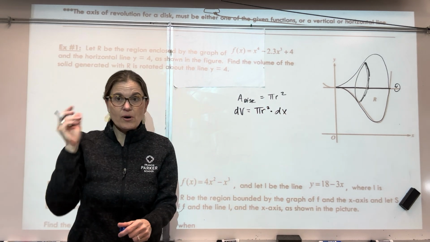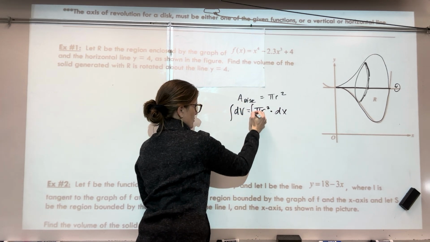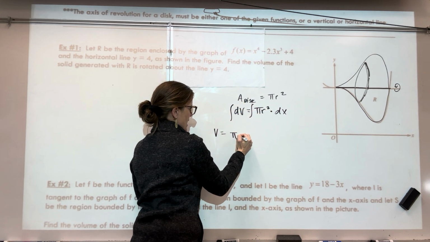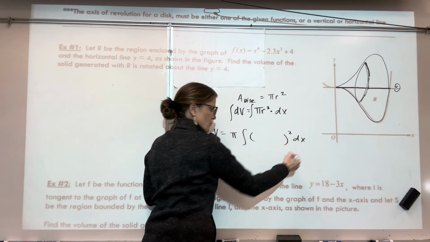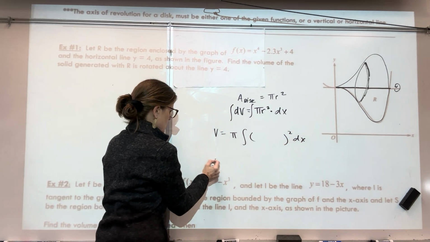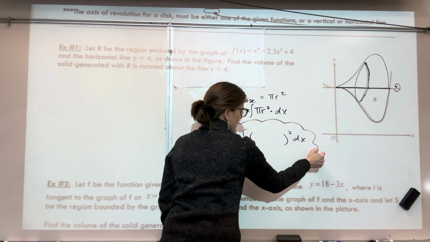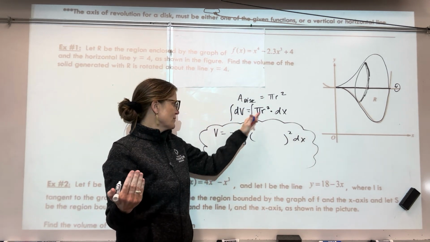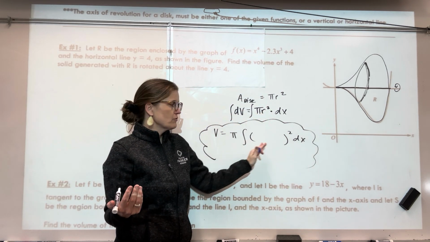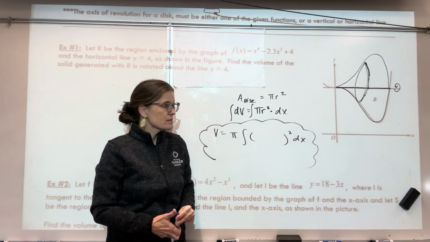And then you're going to add up all your slices, so you're going to integrate. So here we go. The volume will equal pi times the integral of whatever our radius is squared with respect to x, no matter where we slice it. Again, that's the first thing you have to have written on your page. You don't have to have the area and the dV. I just like that to remind myself that I've got to have that pi out in front and I have to square the radius.